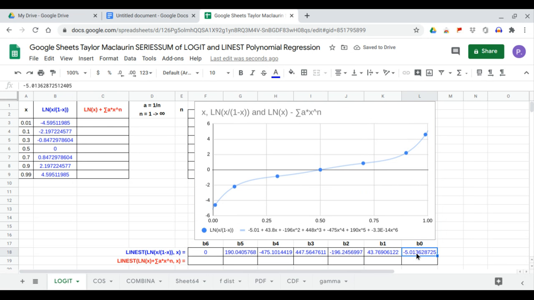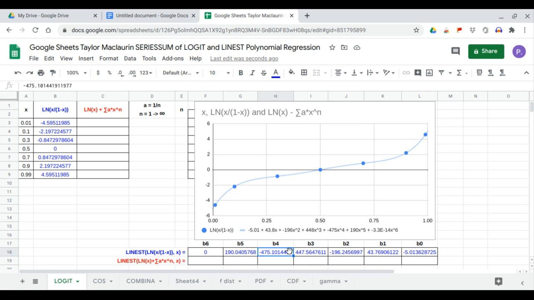So our B0 is negative 5.01, B1 is 43.8, which is 43.76. B2 is negative 196.24, rounded up as negative 196. B3 is 447.56, rounded up as 448.